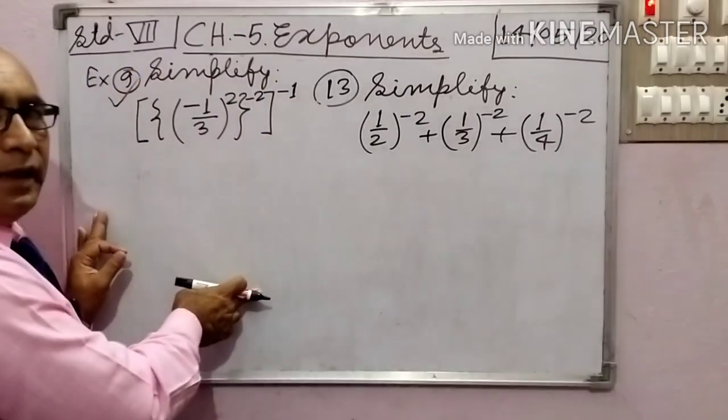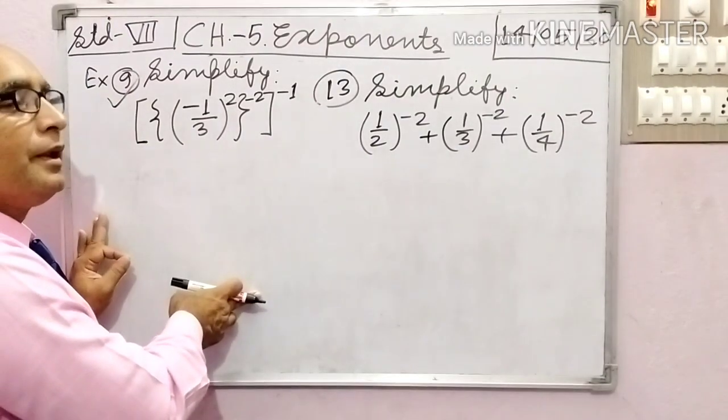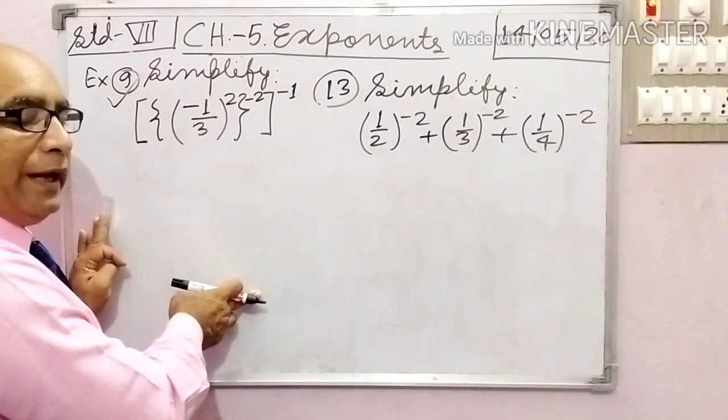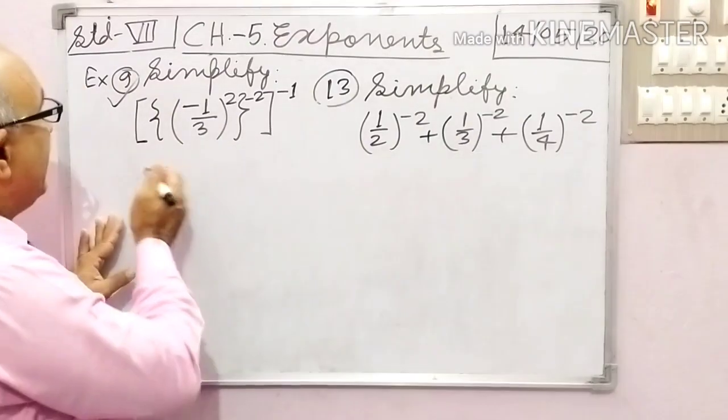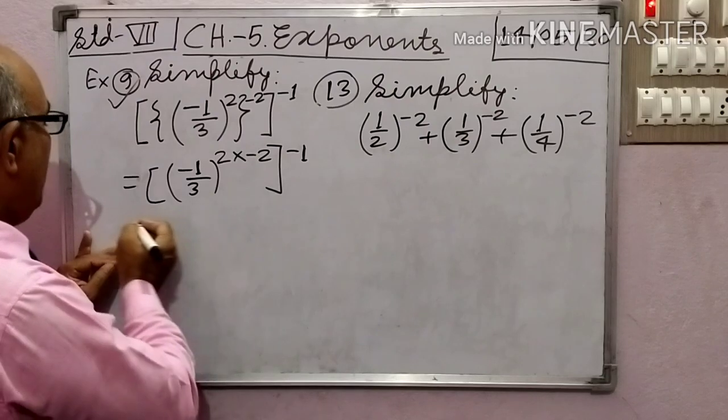We know that ((a/b)^m)^n equals (a/b)^(m into n). So (-1/3) to the power 2 into -2 whole power -1.